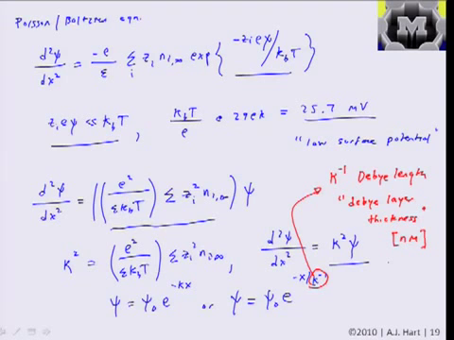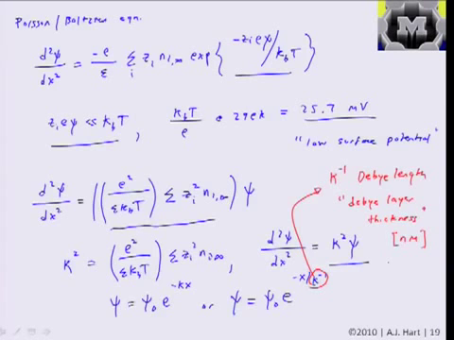So if we did a quick calculation of the value of kappa for a particular situation, by our definition of kappa, we could say, for example, at a certain temperature, we know kBT. If we have a certain solution liquid, we know its permittivity.